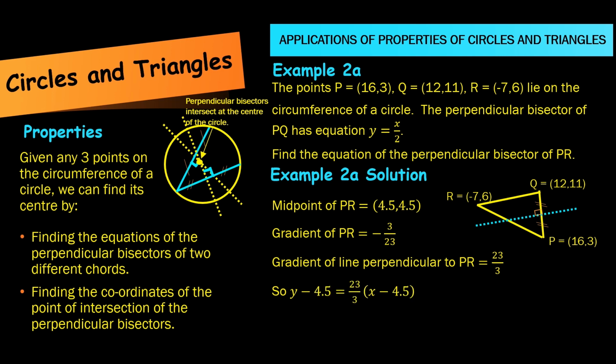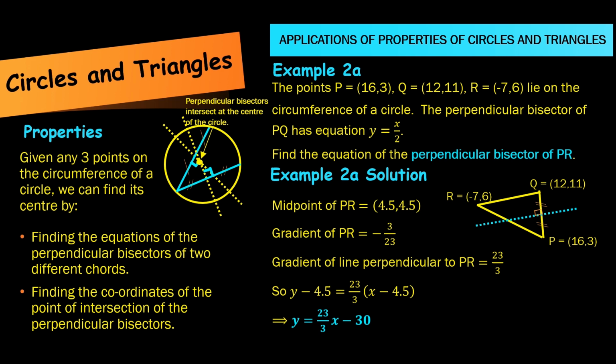So if we tidy this up, we obtain y is equal to 23 over 3x minus 30. And this is the equation of the perpendicular bisector of PR.